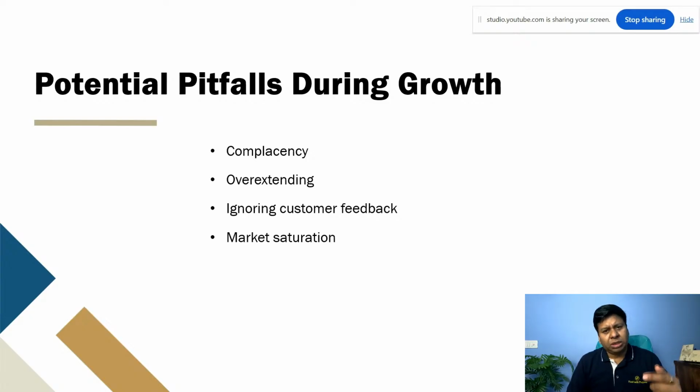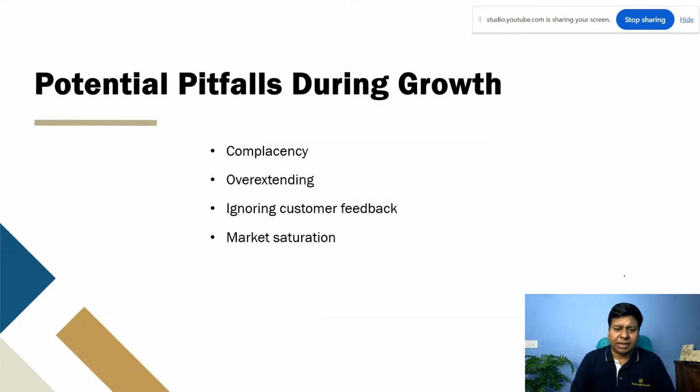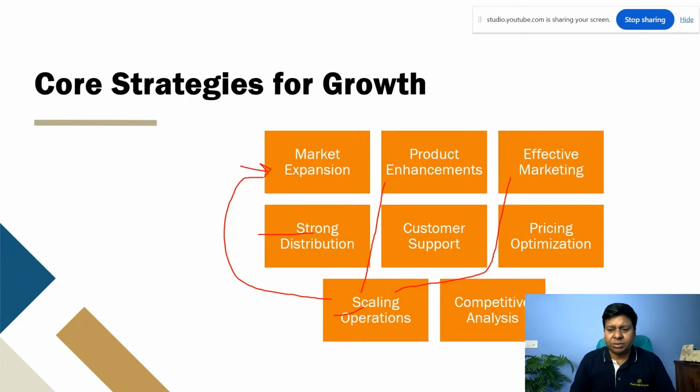If you see, for all these pitfalls, we have already discussed the things in this slide. Like if you see overextending, then you need to think about market expansion. Look towards new market segmentation.